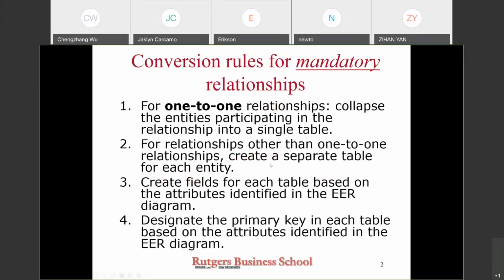Okay, first of all, let's look at the conversion rules. Well, in the previous chapter, you have learned about the ER diagram, that is the logical data design of the database system. Now, you have the ER diagrams, but the problem here is how to convert ER diagrams into tables.